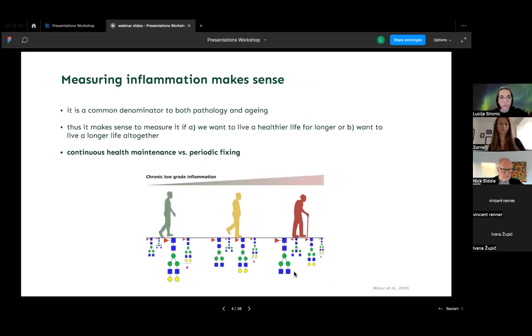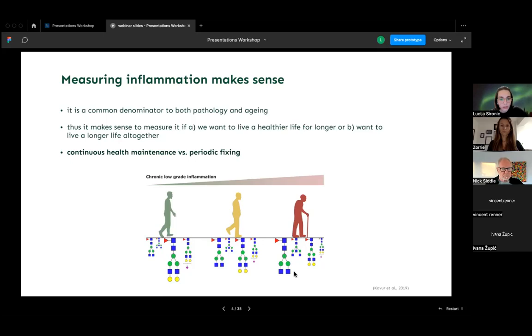If we want to live a healthier life for longer, or actually want to live a longer life altogether, then getting that measure of inflammation is something we have to do. What we see with glycans is that they help us look at how much inflammation there is, which is what GlycanAge is all about.